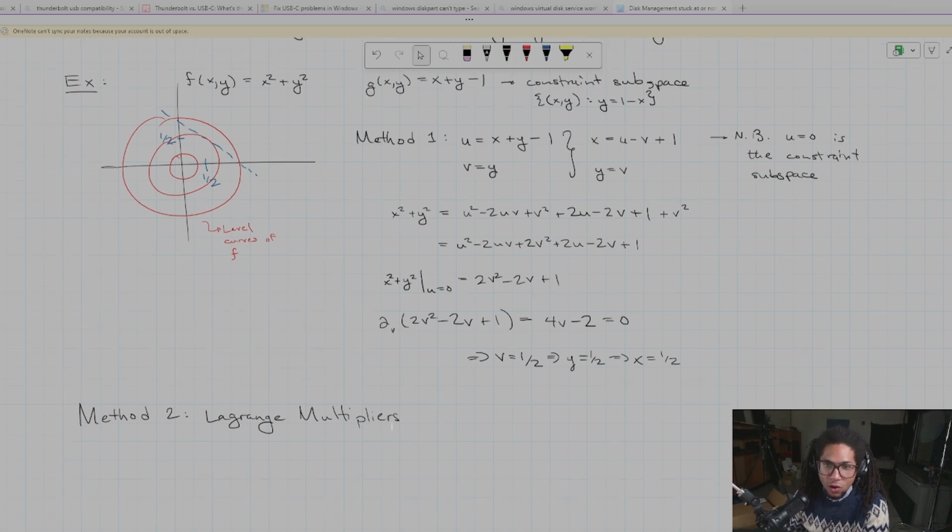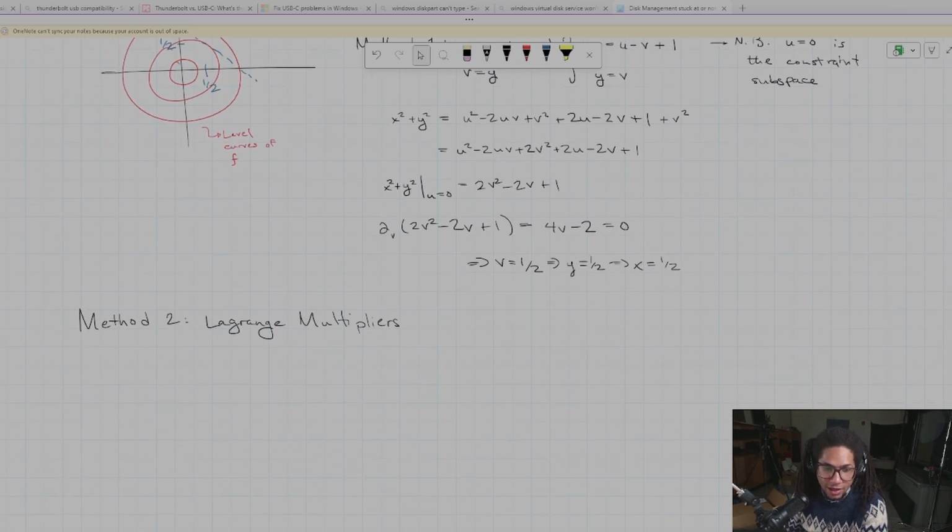Now, this basically all rests on a really important claim. So, claim: for the point that is the actual point that I want, let me call it x naught, y naught.